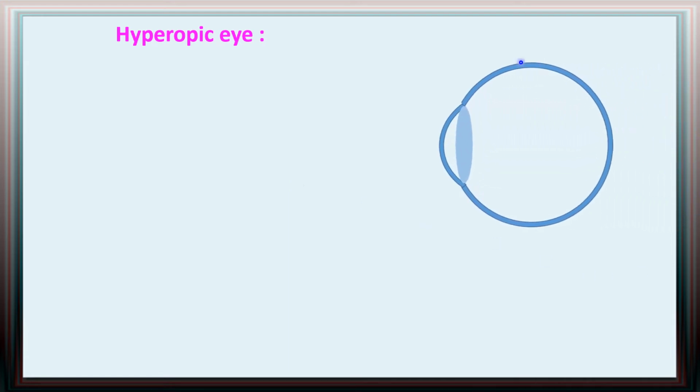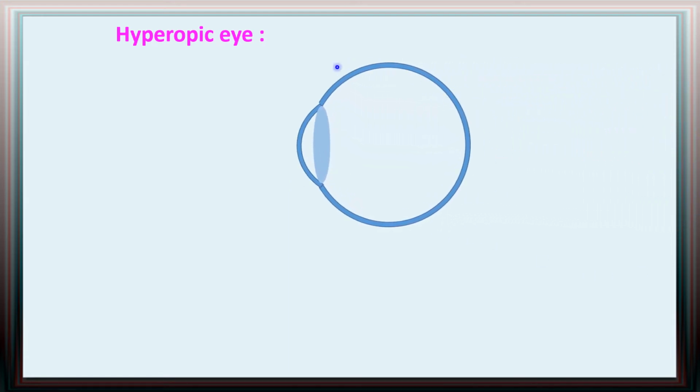And here is a hyperopic eye, that is, the eye suffering from hypermetropia. Assume that this is a hyperopic eye, and the eye lens has the minimum focal length greater than 2.27 centimeters.